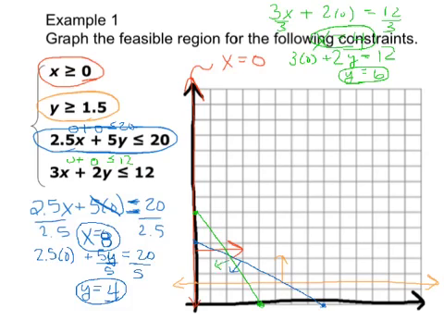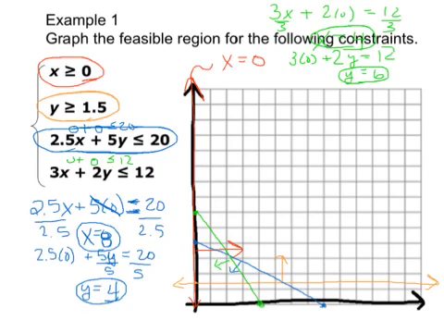Okay, this is where you guys with pencils will be a lot better off than me on an iPad. So it looks like we want everything bigger than the red line, smaller than the green, smaller than the blue, and bigger than the yellow.